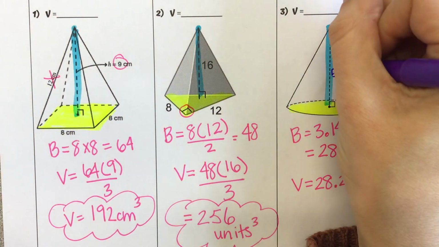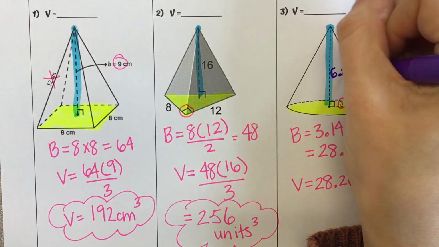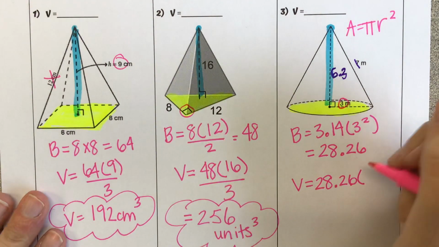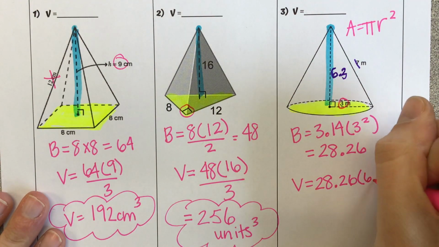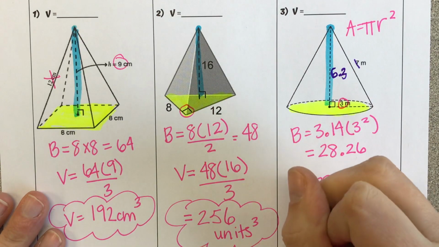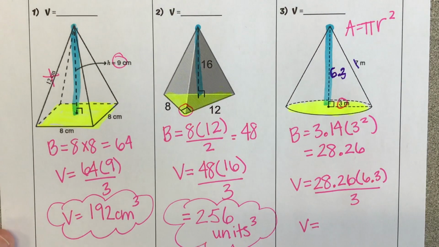Actually, we're going to say this is 6.3. Sorry about that. So we're going to multiply it by that height of 6.3. Divide that by 3 for our final volume.